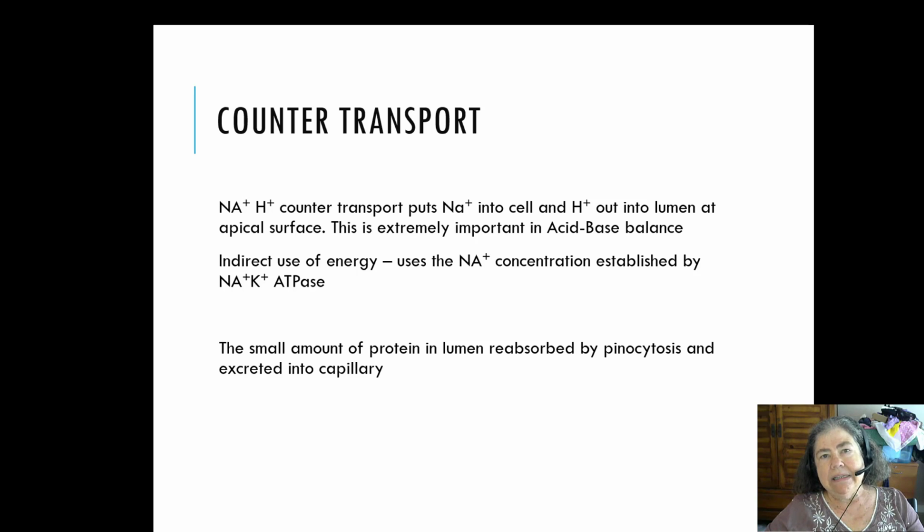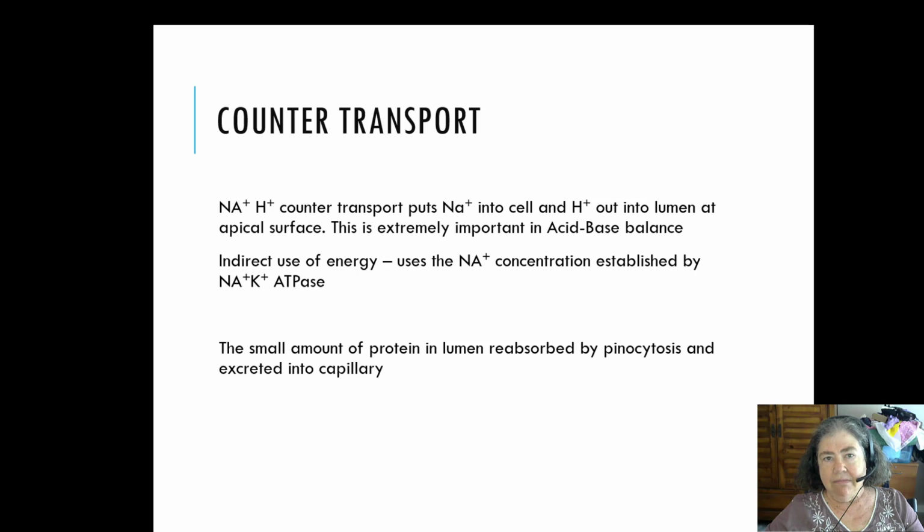And again, because this is using the gradient of sodium, it is an indirect secondary active transport using the sodium concentration that has been established throughout the organism by the sodium-potassium ATPase. There is a little bit of protein and amino acids that makes it across the fenestrated capillaries and podocytes and basement membrane into the filtrate, and it is almost entirely reabsorbed by pinocytosis.